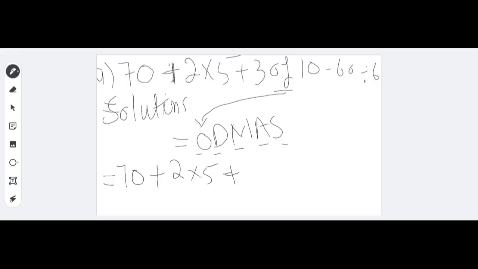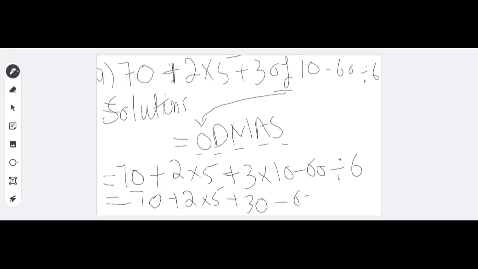So I have to put the multiplication sign here. 3 into 10 minus 60 divided by 6. Now I have to solve this multiplication first because of the of. 70 plus 2 multiply by 5 plus 3 into 10, 30, minus 60 divided by 6.